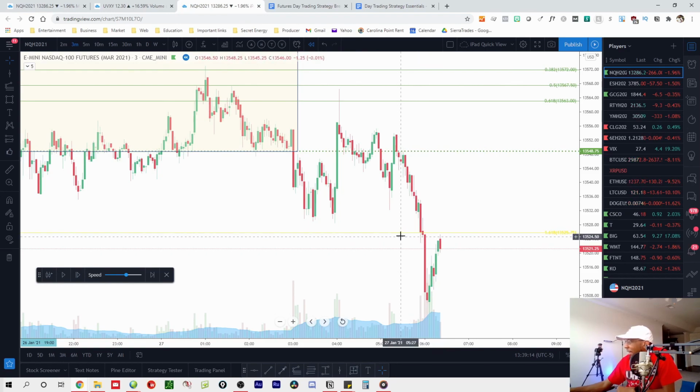Usually it's very possible that I would have got triggered in on this play, because like I said before, I look at these as ranges, and I don't usually place my orders directly on the line. I also use other information such as the volume profiles, and I made another video about the volume profiles that I'm going to link in this video as well.